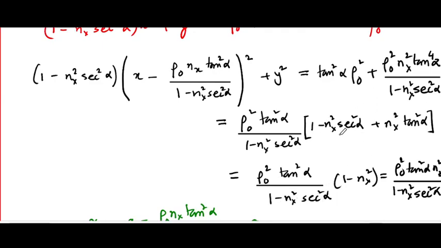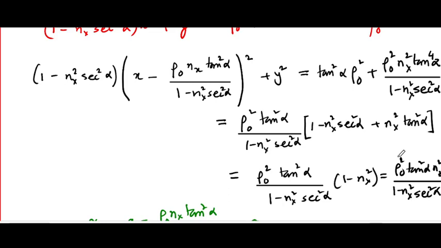And here you get 1 minus nx square using a standard trigonometric identity. And since we are dealing with n which is in the xz plane entirely, 1 minus nx square is simply equal to nz square. So this is the final form which the right hand side takes.